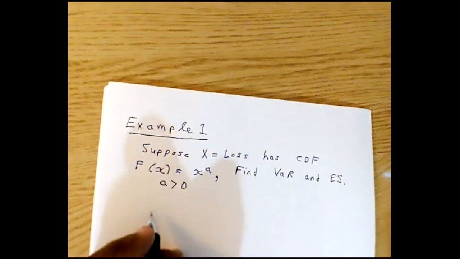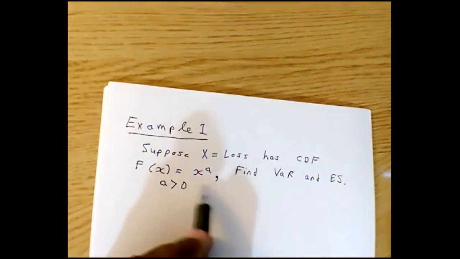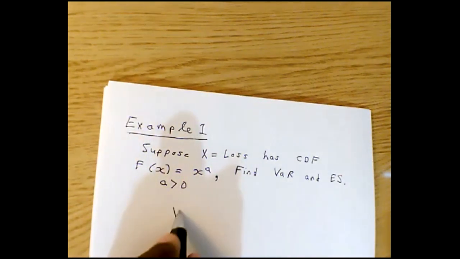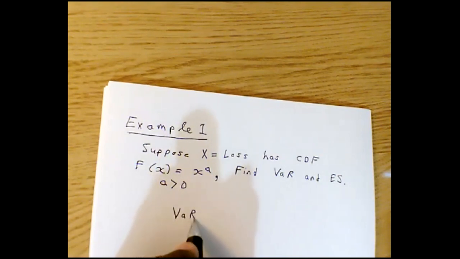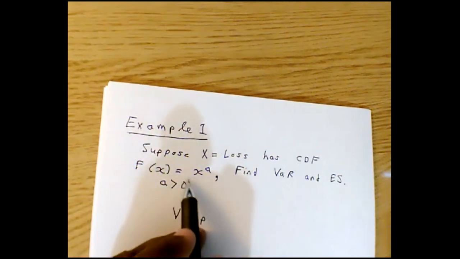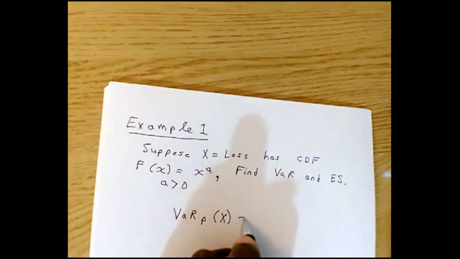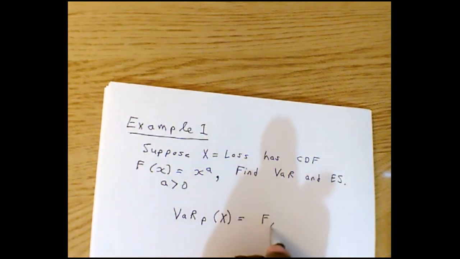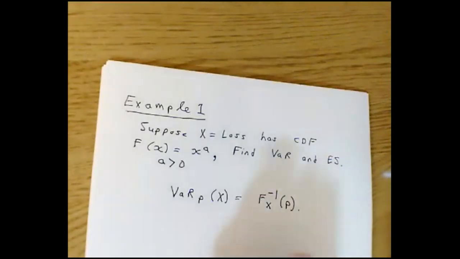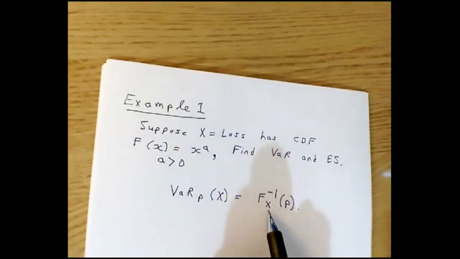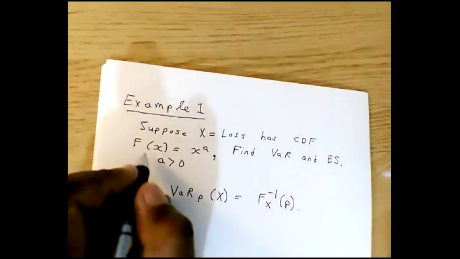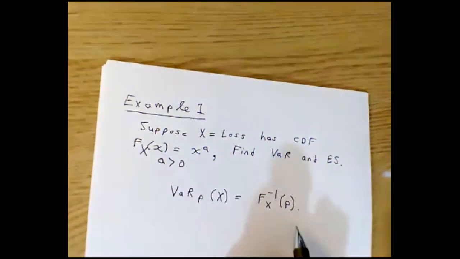So the first one, to find VaR, because this is a continuous distribution, we can use this formula. What you need to find is the inverse function of the CDF at p.